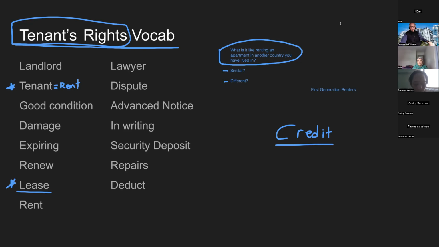I rented an apartment in South Korea, and they have an interesting, different option. In my case, you can rent and pay every month, like every country, but you can also make a kind of exchange. You provide an amount of money to the owner, and you can live in their apartment.